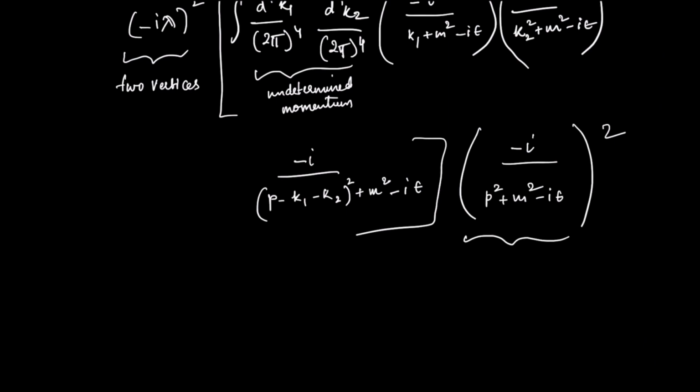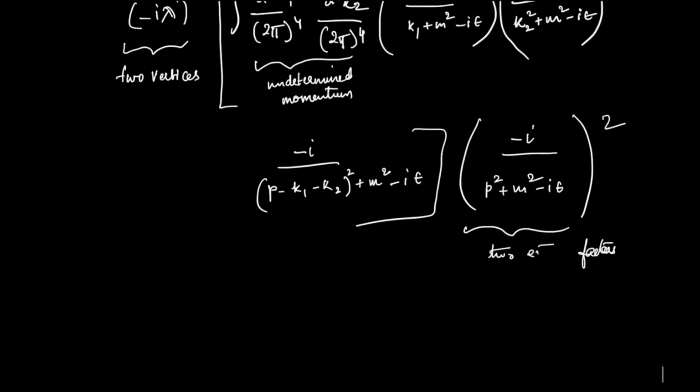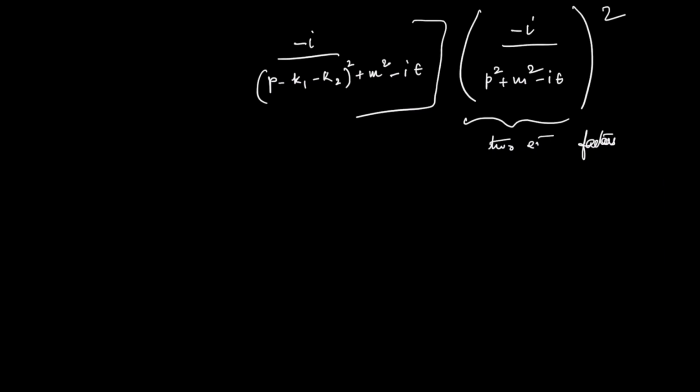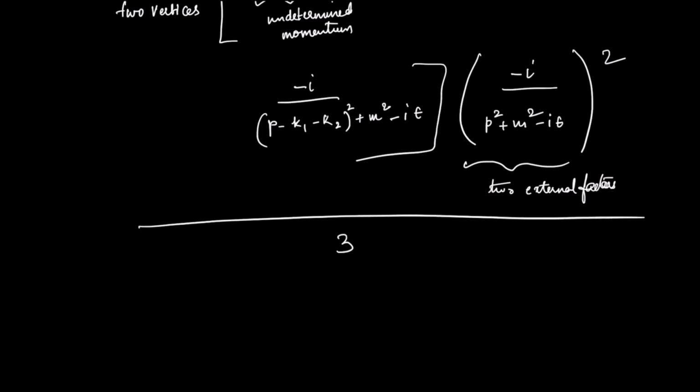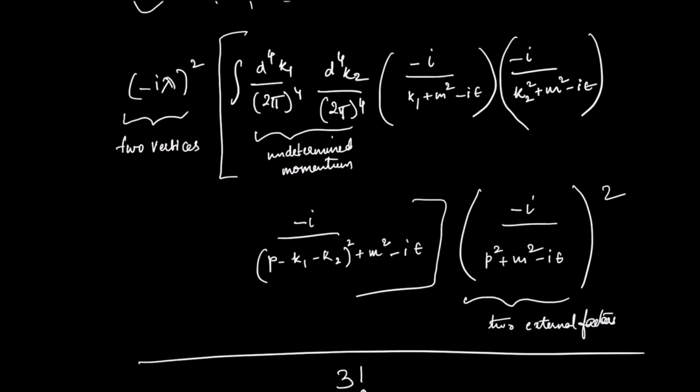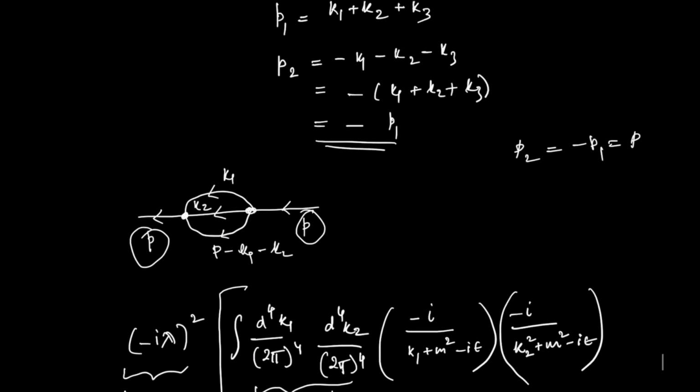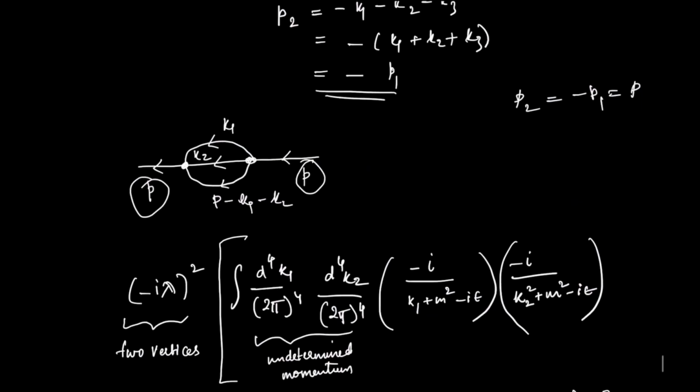These are the two external factors. Right? Now the whole thing divided by the symmetry factor 3 factorial. So this is the expression for this Feynman diagram in momentum space.